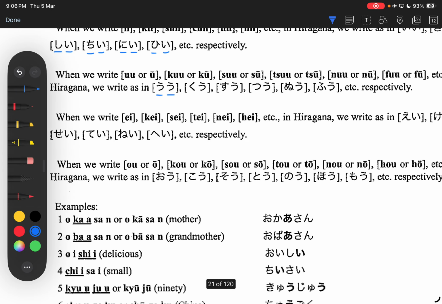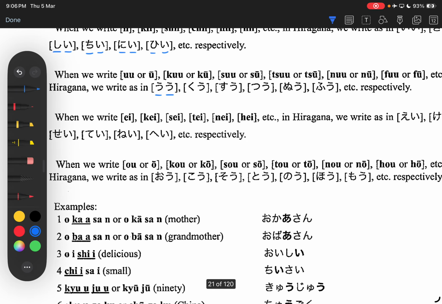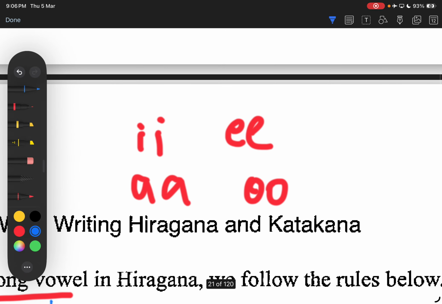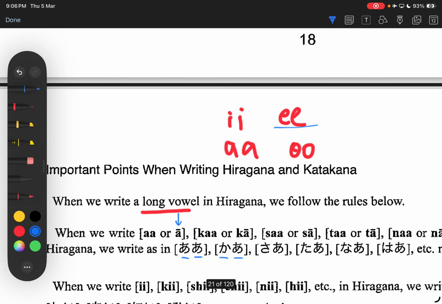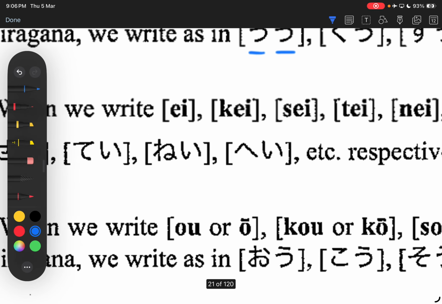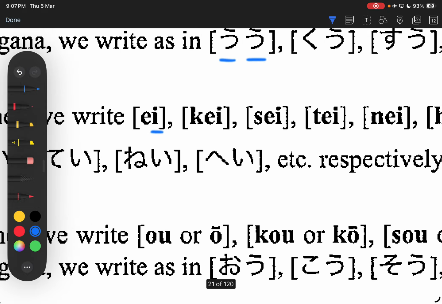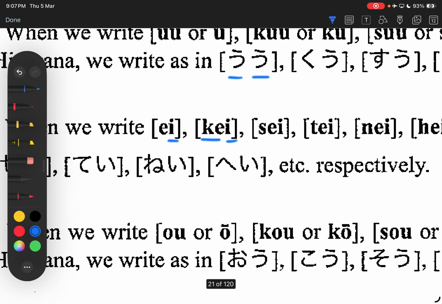Then we have an E long sound. We will pronounce it as E-I. Just now I showed you the double E sound is eh. This exists, but this is another long sound. The official long sound for E is with an I. So instead of eh, it is like the English letter A, as in A, B, C, D. So K-E, K-E-I, kei.